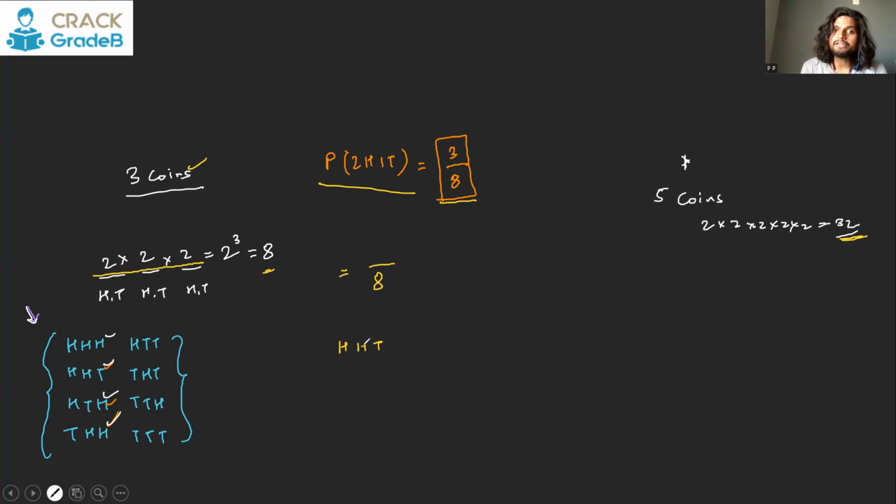So however many different arrangements you can make with 2H and 1T, like HTH, HHT, THH, those many different cases will be there. So it is like how many different words can be formed by 2H and 1T.